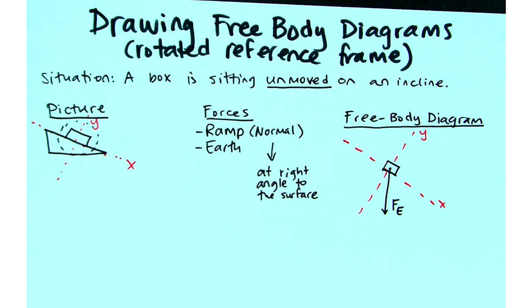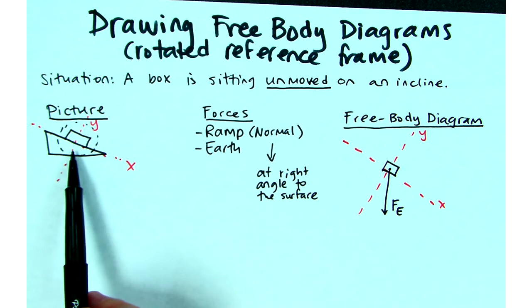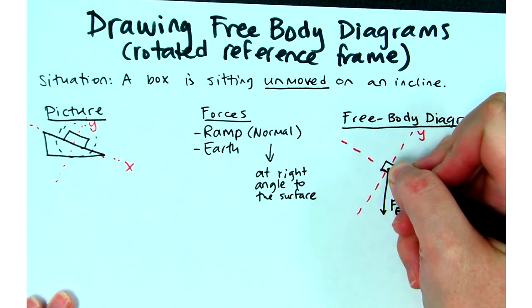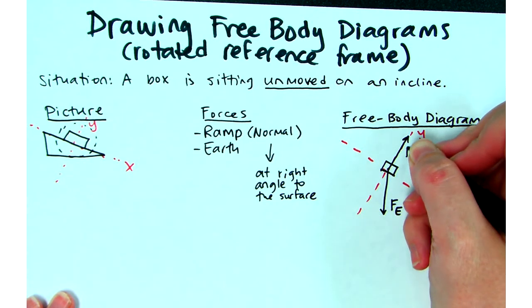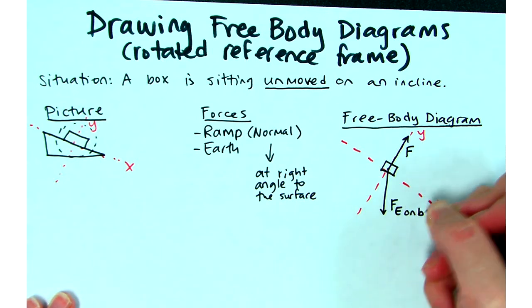So these atoms don't want to move through the atoms in this ramp. All right, so I'm going to draw my normal force, and it's going to look kind of like this. And by the way, I need to start labeling these, but this should be force of earth on the box. And this is going to be my normal force, which I'm going to call the force of the ramp on the box.